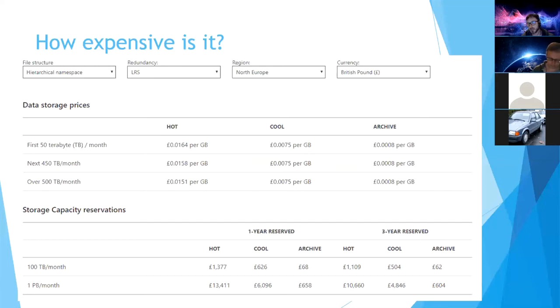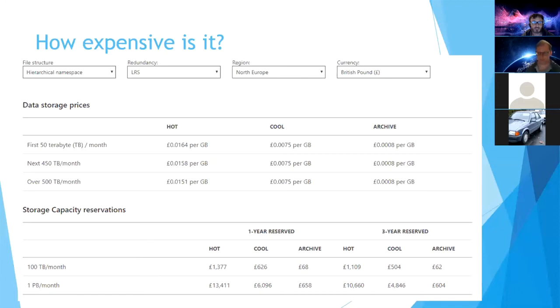But if you look at this now, the prices are certainly achievable by most businesses. Looking at this from the point of view of price, it does depend on a few things. It depends on speed. This example has hot, cool, and archive, which is the speed of retrieval.